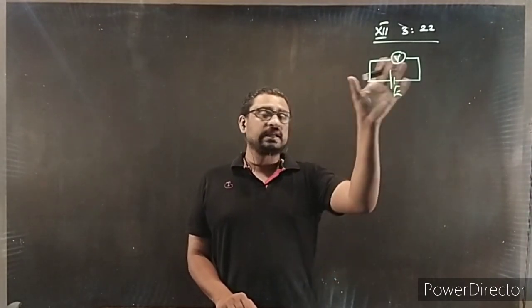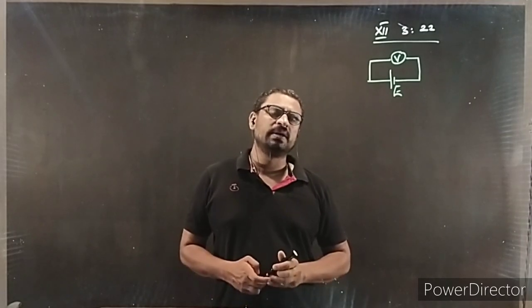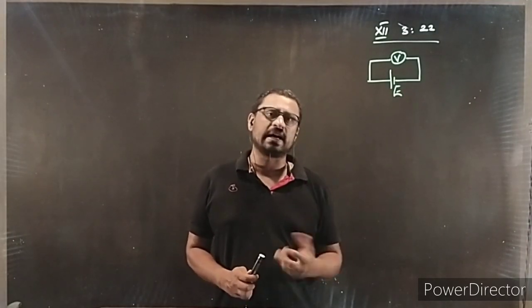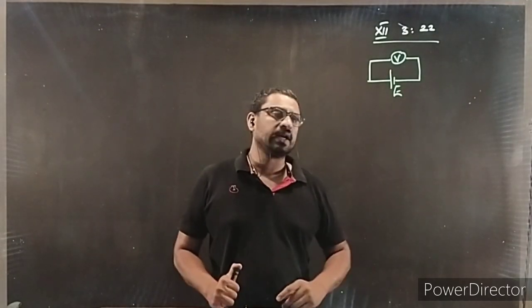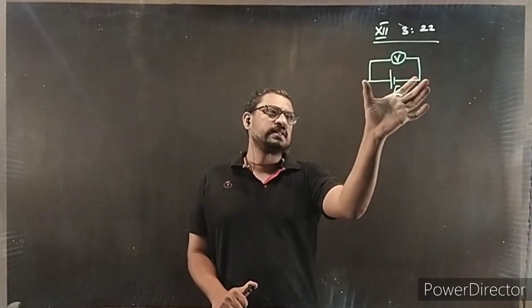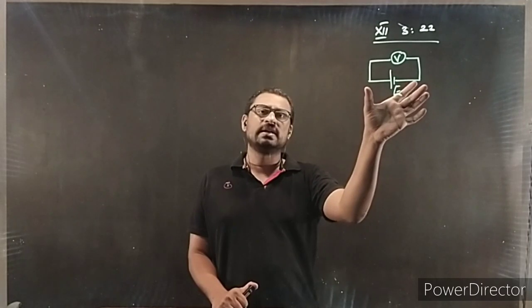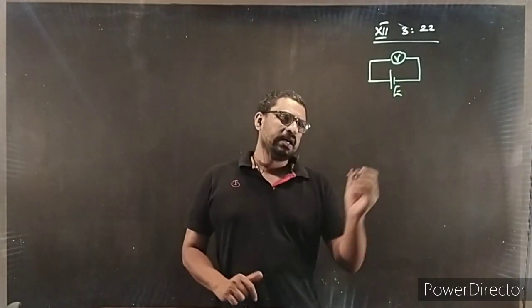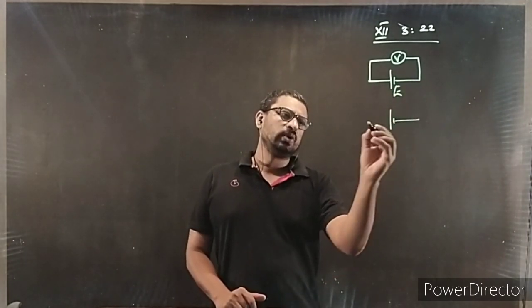An ideal voltmeter means a voltmeter which does not draw any current. If you place an ideal voltmeter across this, what you get here is the EMF.